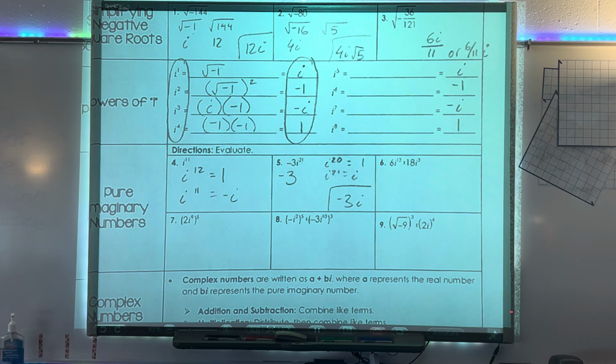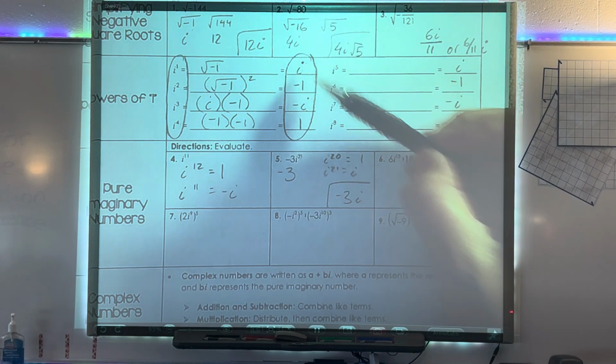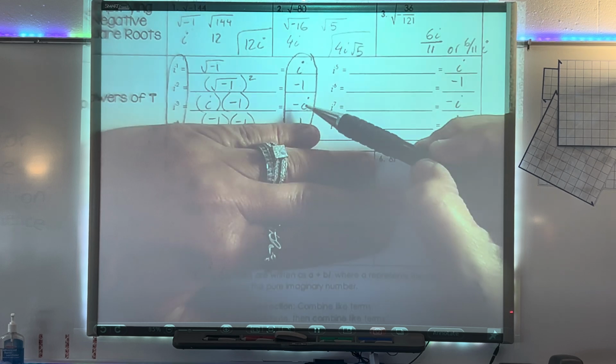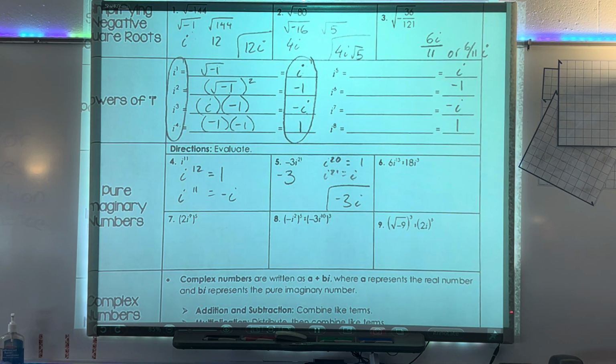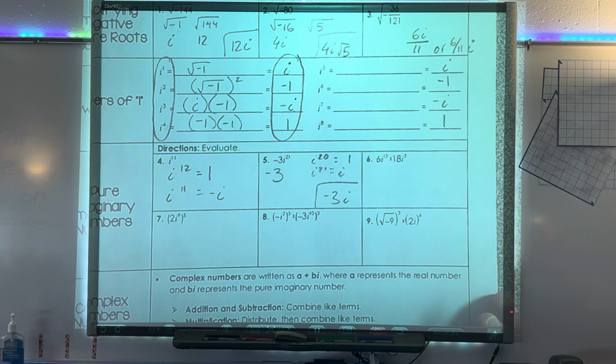Here's the deal: the pattern isn't a 3-term pattern, it's a 4-term pattern. So it's every 4 times, that's why I use the 4. A 3 won't work, because if it was only 3 things and this wasn't part of the pattern, then you could do that. But we have to use the 4 because it takes all 4 things to complete the cycle. So you have to follow the cycle. That's a valid question.